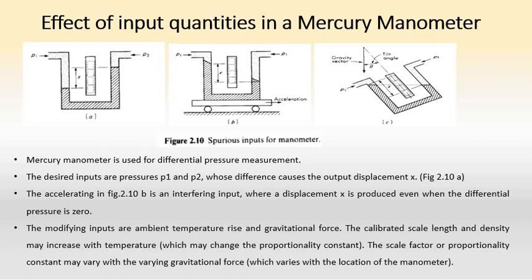What are the two inputs we need to remove from our system? They are the interfering input and the modifying input. If we know the effect of these two inputs on the system, we can design some remedy to overcome their effect. For that, knowledge of these inputs is essential. That is why we analyze a system with respect to these three inputs.